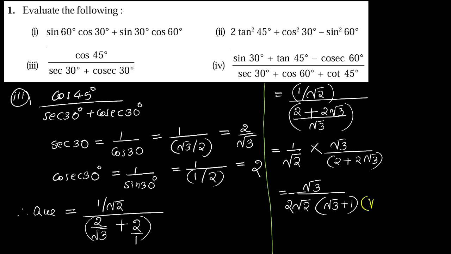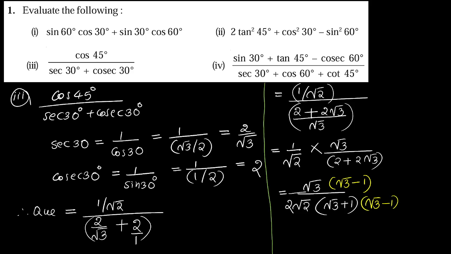Conjugate of root 3 plus 1 is root 3 minus 1. Remember, you can write this step if it is a "show that" question. If it is not, you need not write all these steps. And remember, if it is a 5-mark question, definitely you have to do all the steps. The steps are required if the weightage is more.